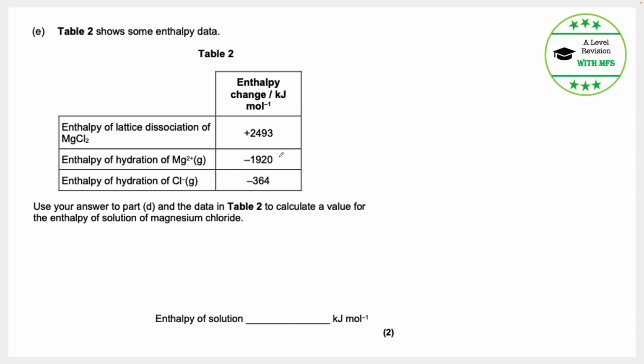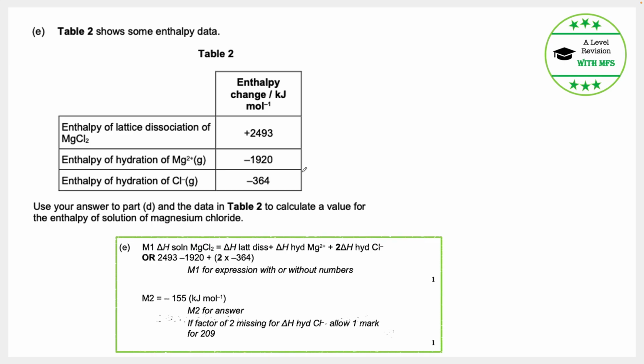Now there's a formula to work out the enthalpy of solution, and that's the sum of the enthalpy of lattice dissociation and the enthalpy of hydration of each of the ions. And remember, when you have two atoms, you multiply your value for one ion by 2.